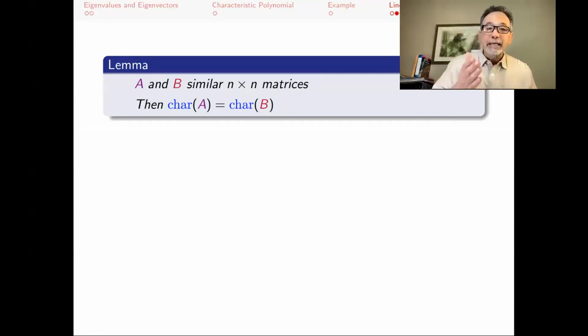And in fact, P, the invertible matrix, is the change of basis matrix from one of those bases to another. So this is what I want to prove, that similar matrices have the same characteristic polynomial.